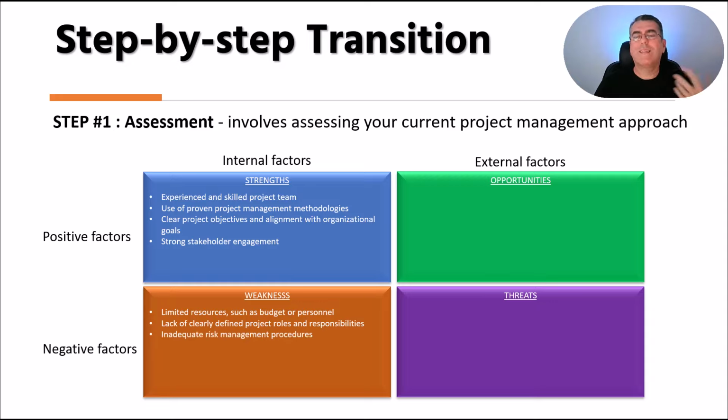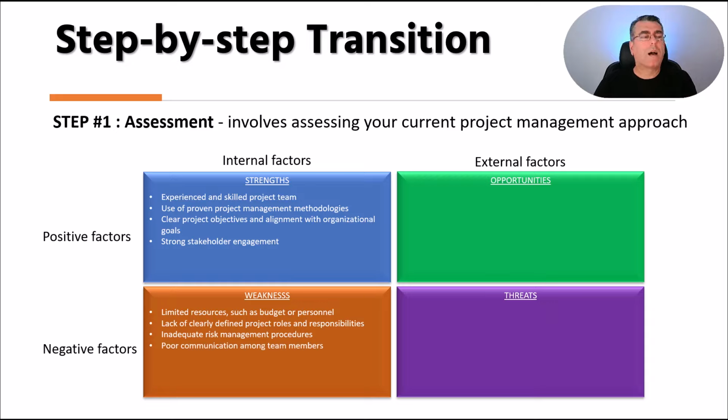You may have inadequate risk management procedures. I will post a video about risk management in hybrid projects. Stay tuned on my channel because I have a specific video in the sequence of these videos talking about risk management, specifically for hybrid projects.